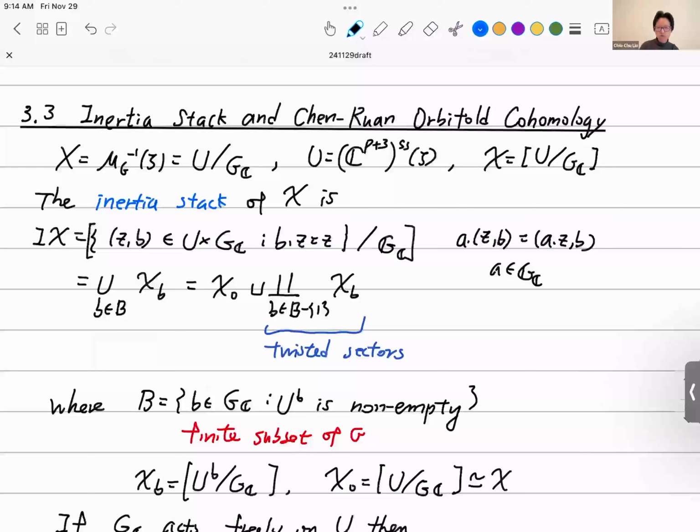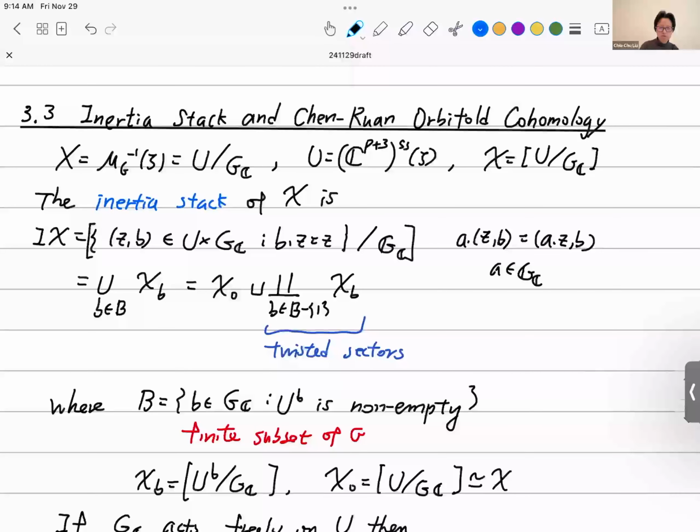Chen-Ruan orbifold cohomology. So recall that in Gromov-Witten theory, we pull back classes from the cohomology of the target. It turns out that in orbifold Gromov-Witten theory, we need to replace that by Chen-Ruan orbifold cohomology.